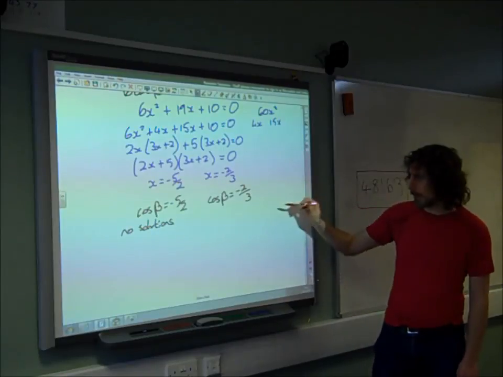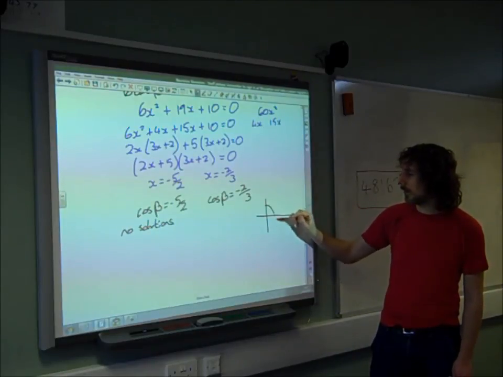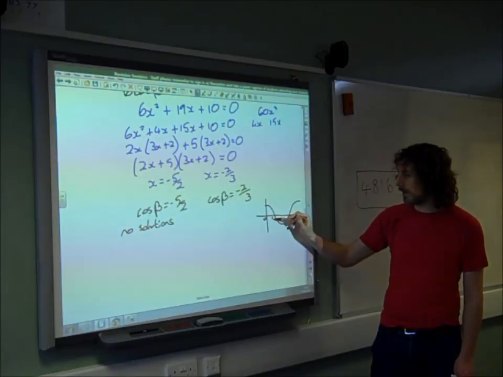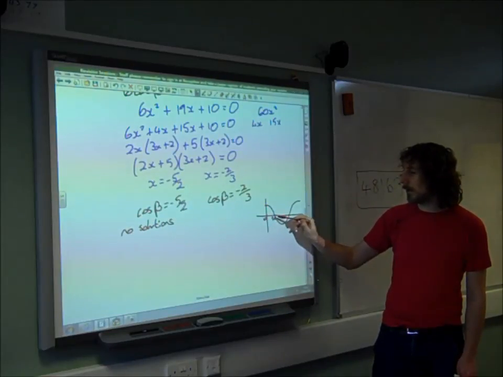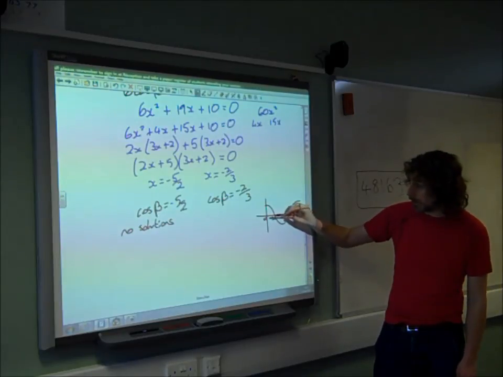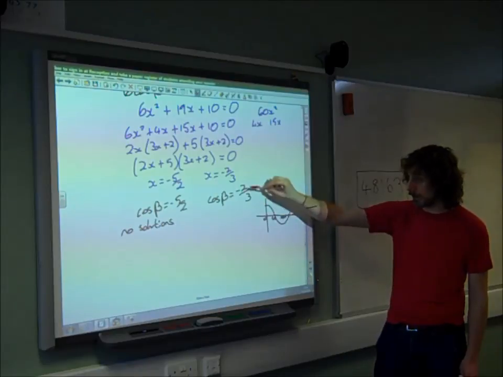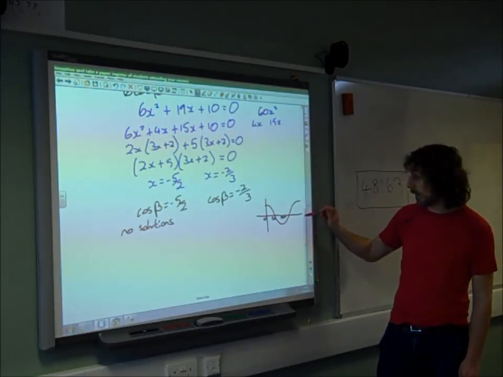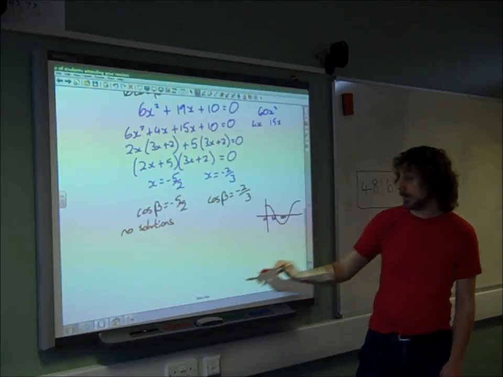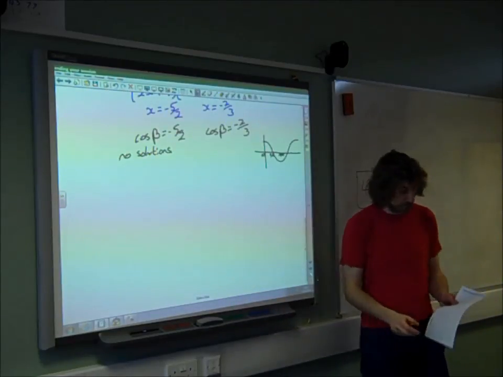Well, remember what cos does. Cos is going like that, isn't it? And there's 0, there's 90, there's 180. And so between 90 and 180, cos would be negative. And it would be between minus 1 and 0, and minus 2/3 is there. So that does have a solution in the range 90 to 180. So that one is fine, we're really happy about that.